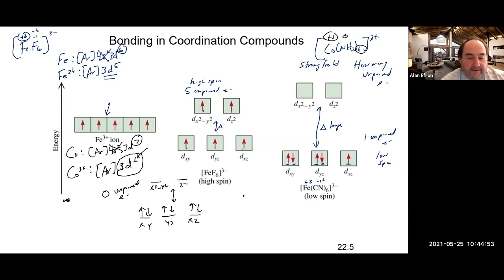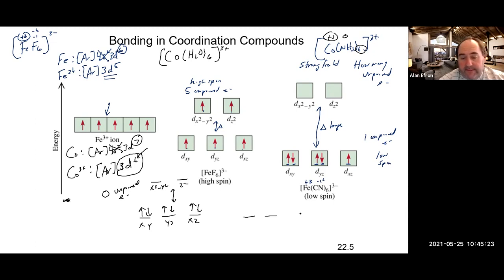Now, let's just say, for sake of argument, you did it as we did, the same cobalt, say we did cobalt with water here. And let's just say we'll do this as weak field for that particular one.